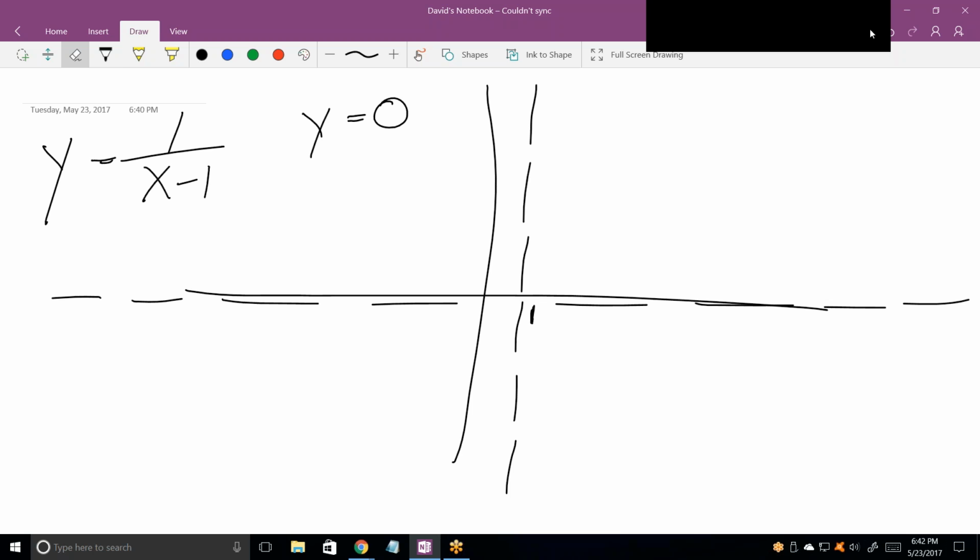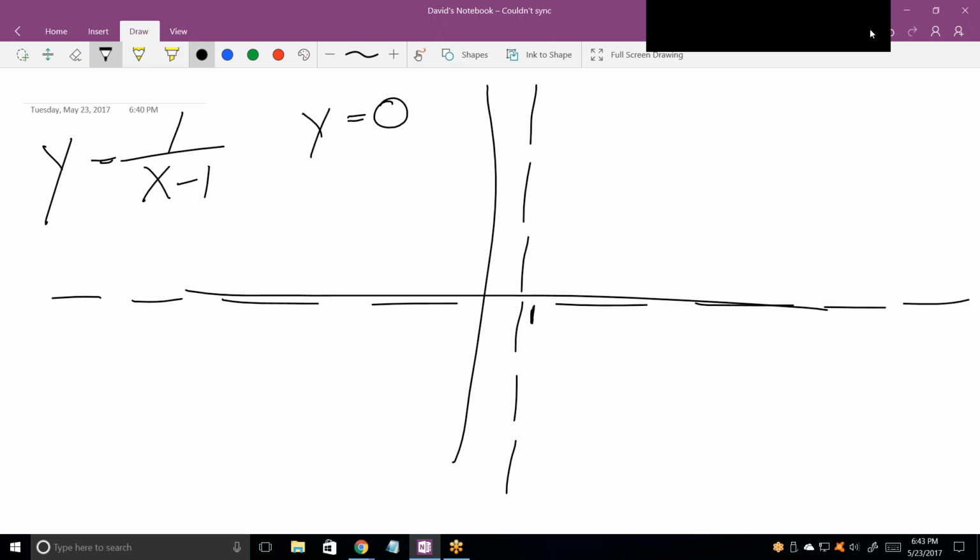But if necessary, you can think about it as there actually is an x in the numerator, but it's x to the 0th, because anything to the 0 is 1. So if it helps to think about it, go ahead and put an x to the 0 in there, but you don't need to. If you have an x in the denominator and you don't have any x's in the numerator, then your horizontal asymptote is y equals 0.